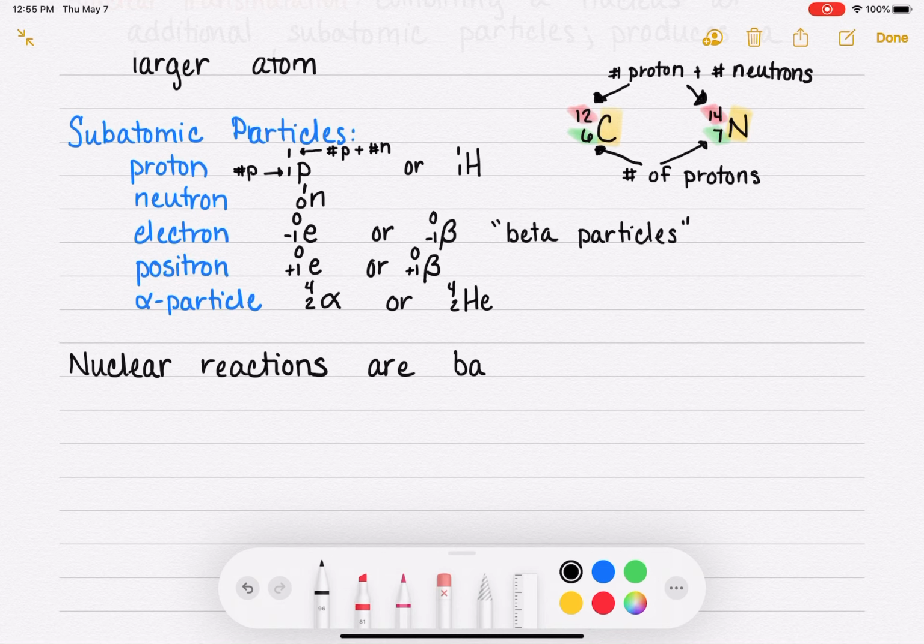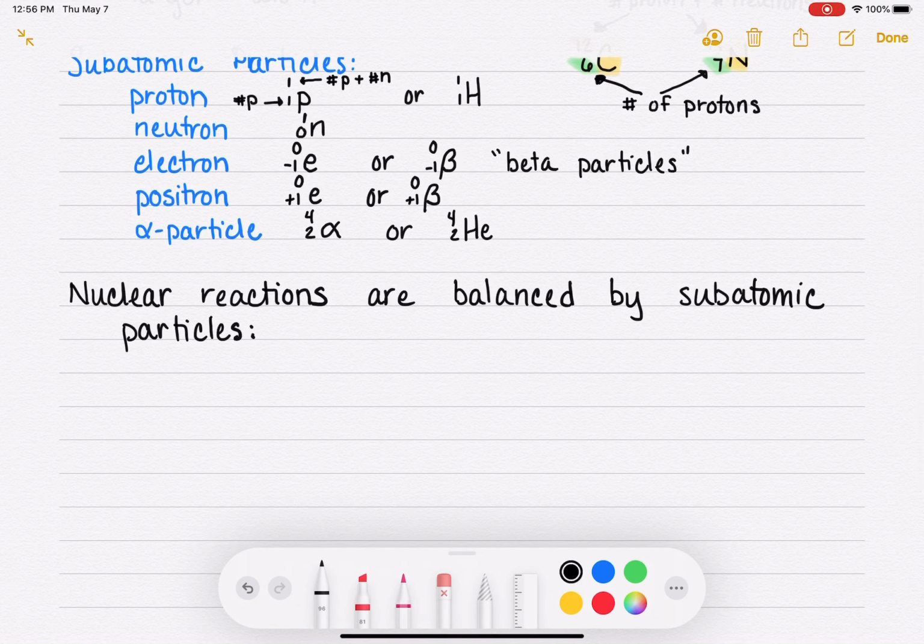So they are still mass balanced, but they're not going to be atom balanced. And this feels really funny at first, feels really weird at first, but you'll get the hang of it really fast. So here's an example.